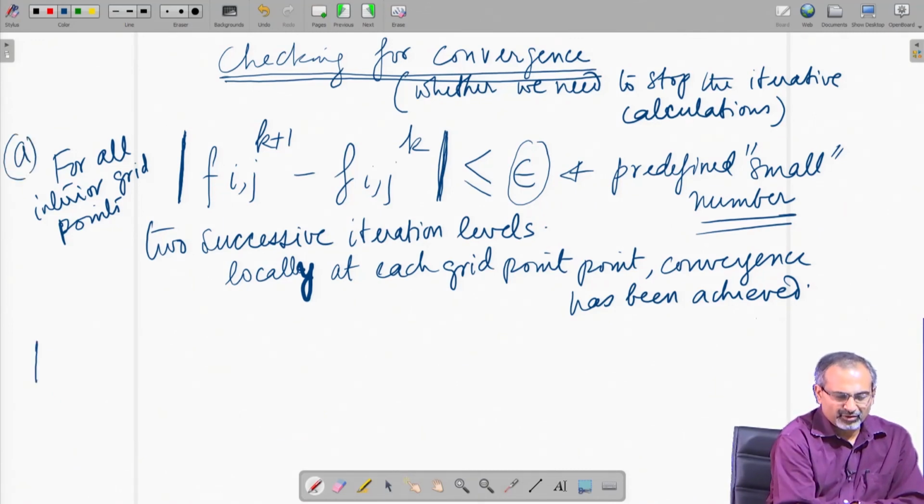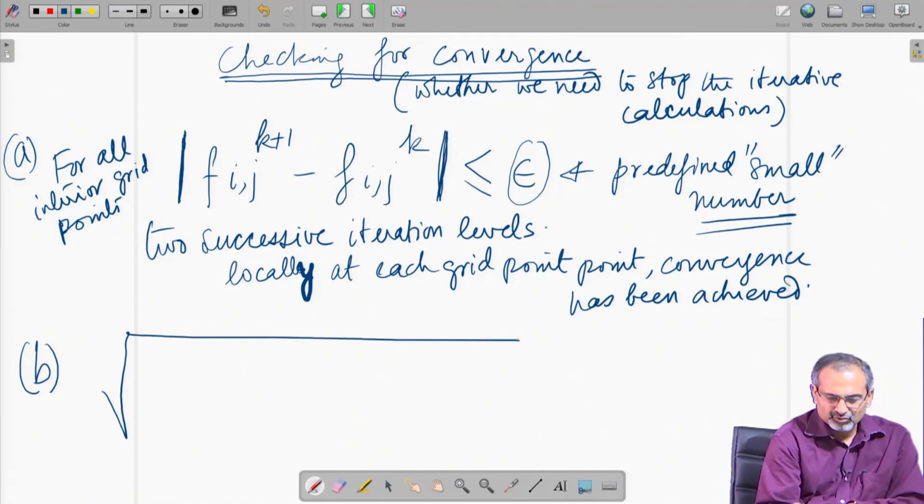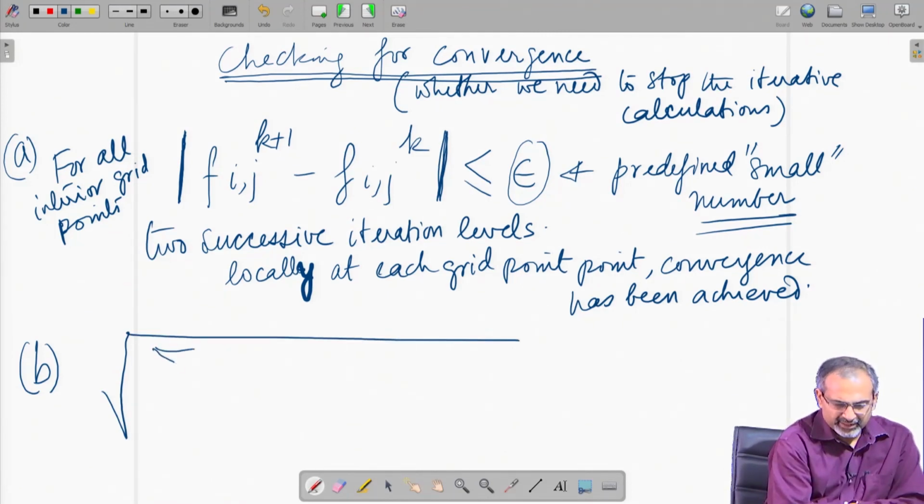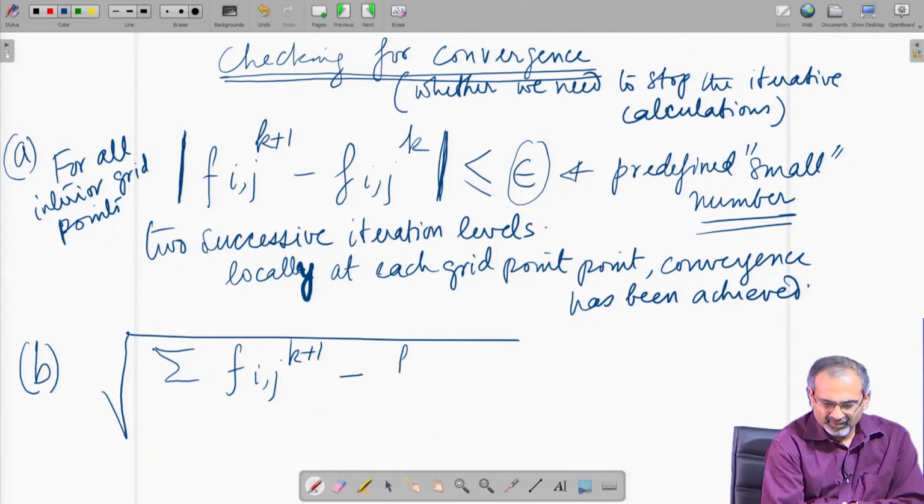Another possible way of assessing convergence could be through a root mean square estimate of the iterative errors.